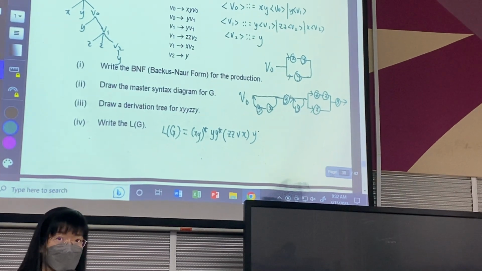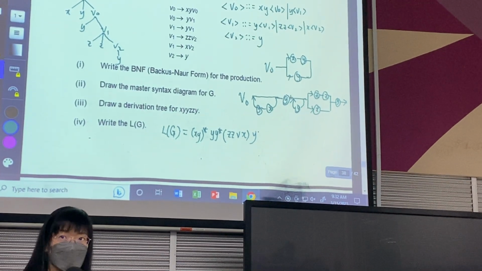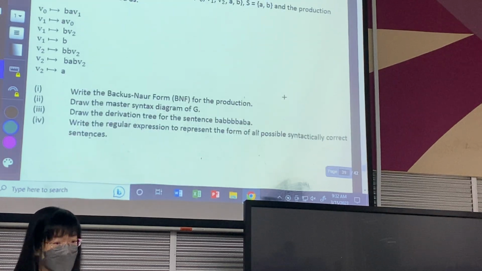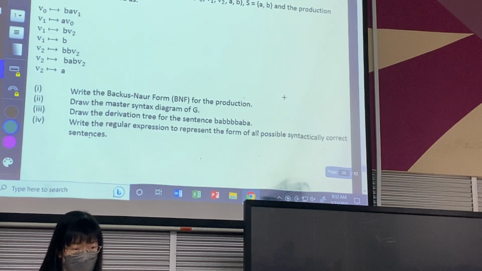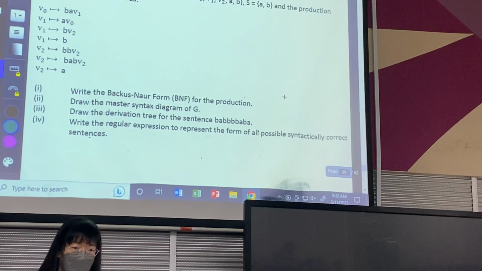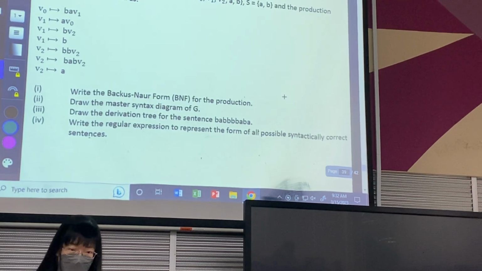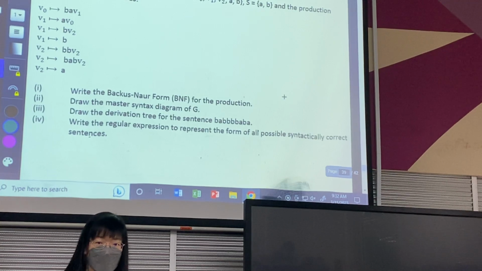Next one, this one, no problem? So we go to the next example. Again, same thing also. Write the BNF. And after that, draw the master diagram, draw the derivation tree. So you can have a practice for this.